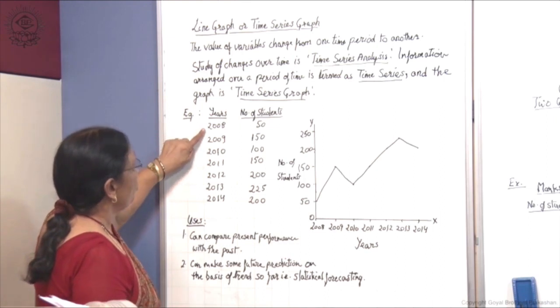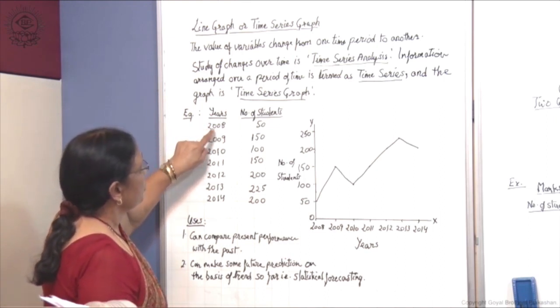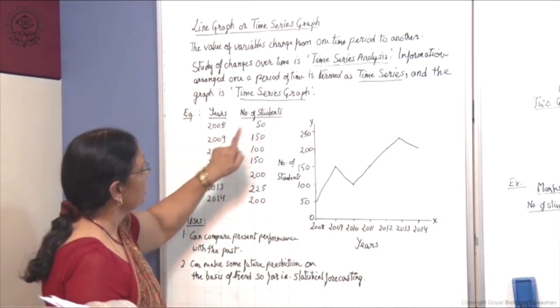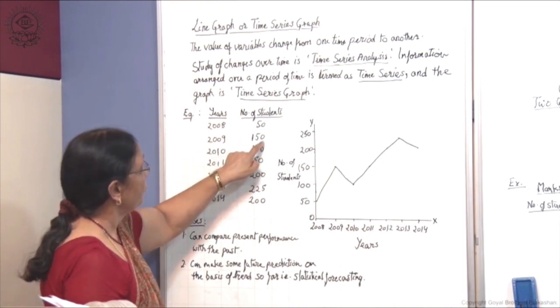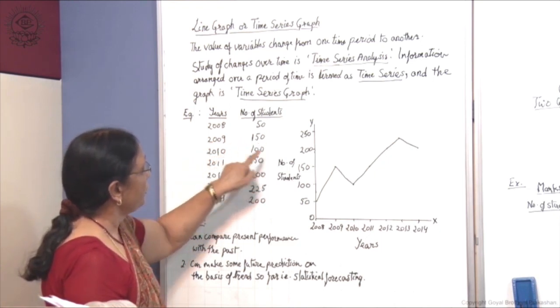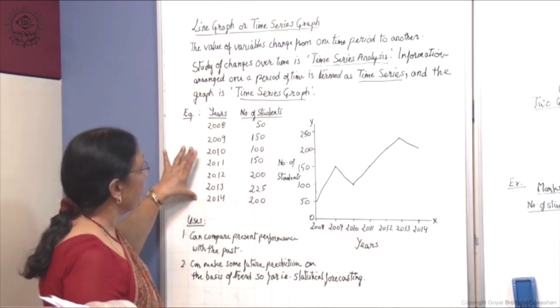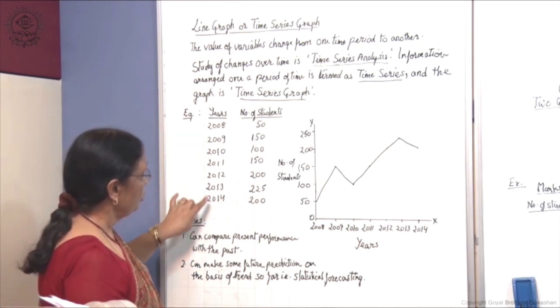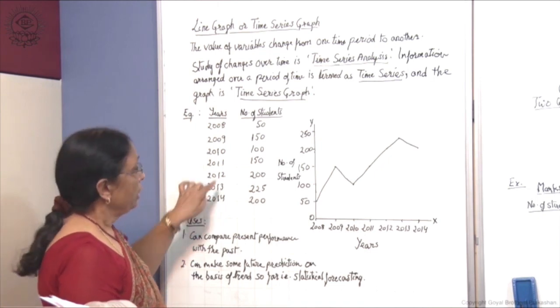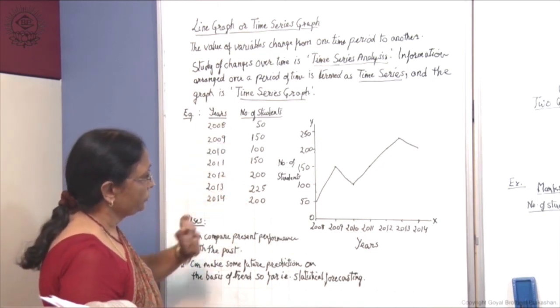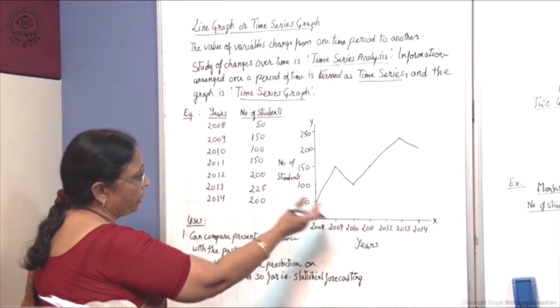Now in a school, suppose in a particular year 2008 there were 50 students, 2009 150, 2010 100, and so on. This is the description of time period from 2008 to 2014 and the number of students in each year. We are supposed to plot the graph.